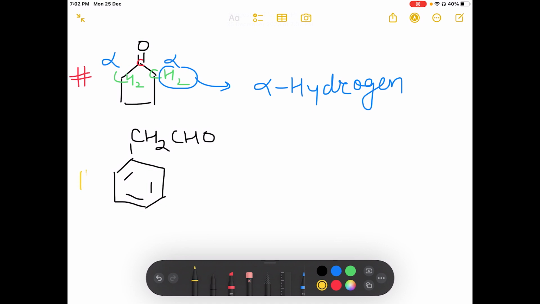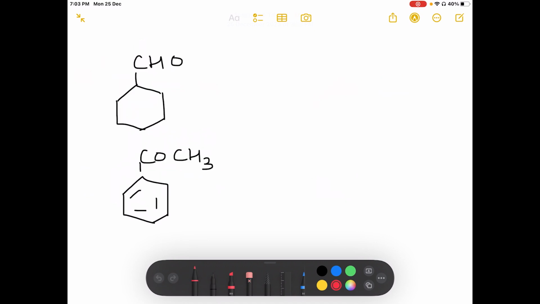In next example, functional part, alpha carbon, alpha hydrogen. In this structure, functional part, carbon next to functional part, alpha carbon, and it contains one alpha hydrogen in it.